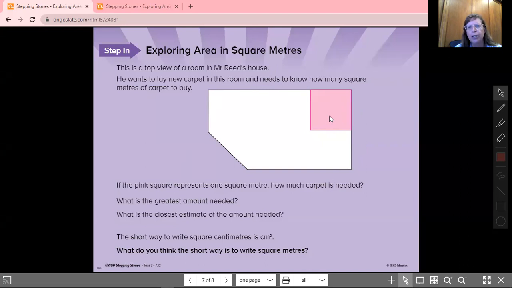Okay, so we need to now estimate, based on this patch here, if that is 1 square metre, then that looks like it would be about another square metre there. So that would be 1, then 2. That looks like there would be about another 1 there, maybe a little bit more.